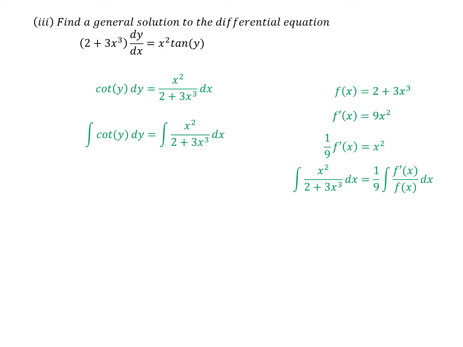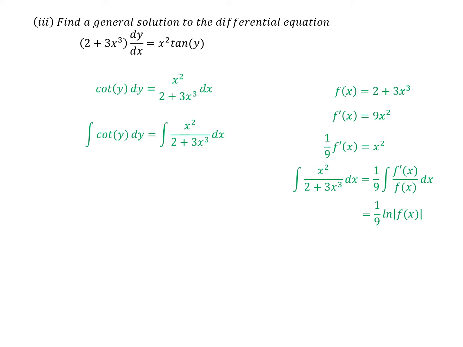So that means that this integral that we are trying to perform can be expressed in this form. So the x squared I've replaced with 1/9 f dashed x, and the f of x is the 2 plus 3x cubed. So you should now be able to recognize that when we're integrating f dashed x over f of x, that's just ln of f of x. But I've got this 1/9 here, so it's 1/9 ln f of x.